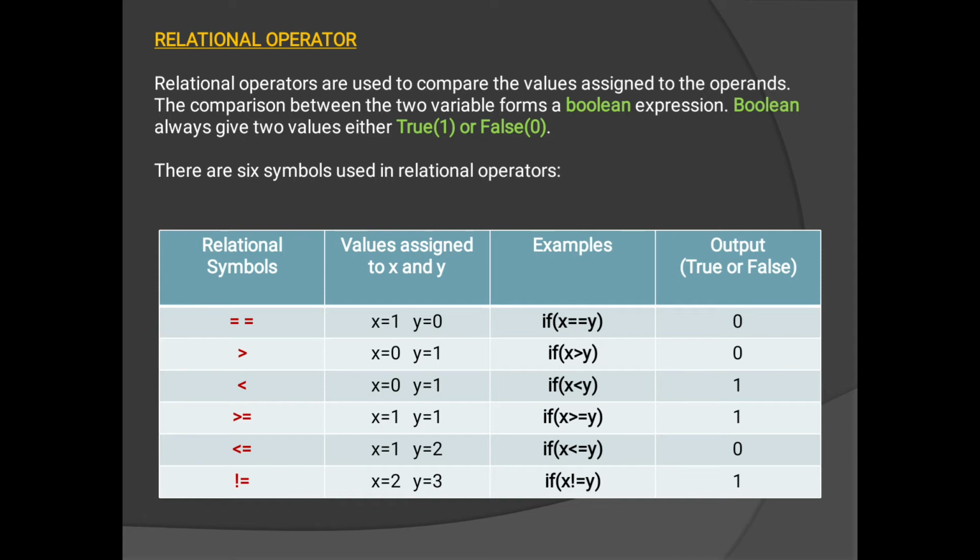Within the parentheses, x == y is called an expression, a Boolean expression. Here you are comparing the value of x with the value of y. Here x == y means: are the values of x and y the same or not, are they equal or not.